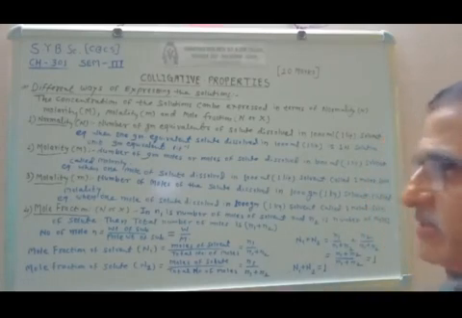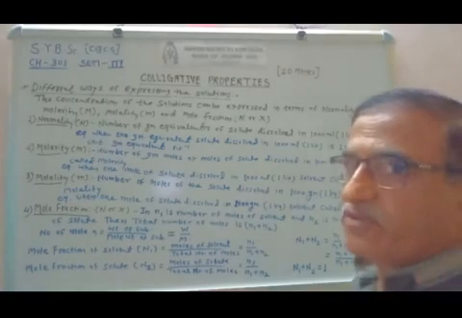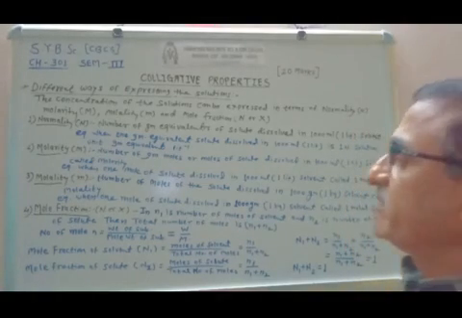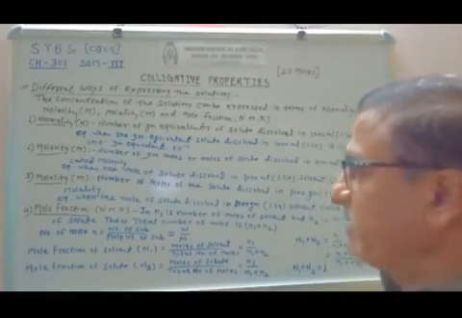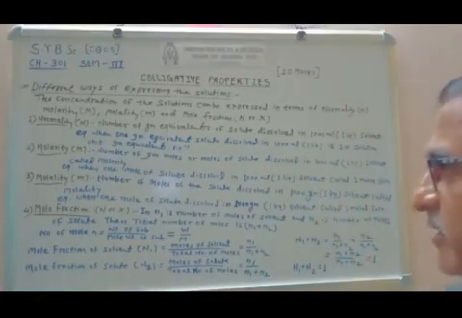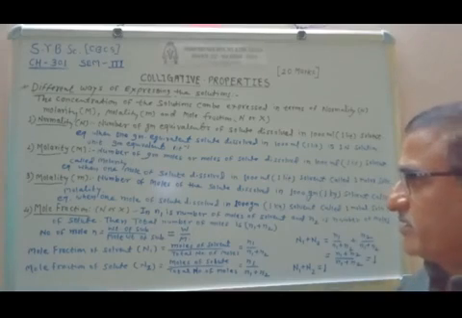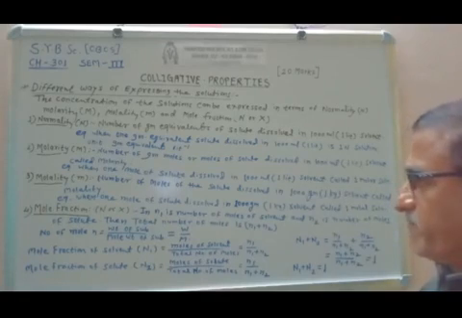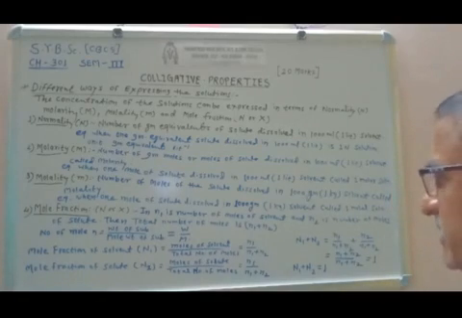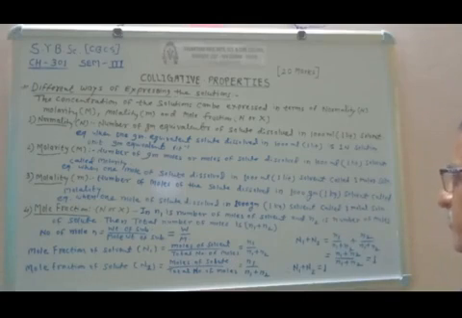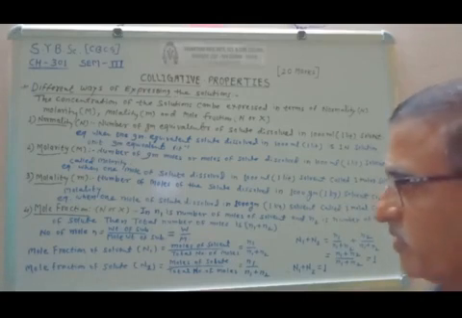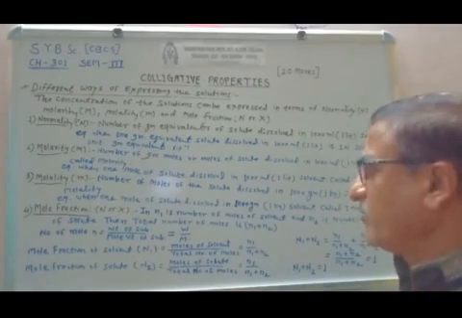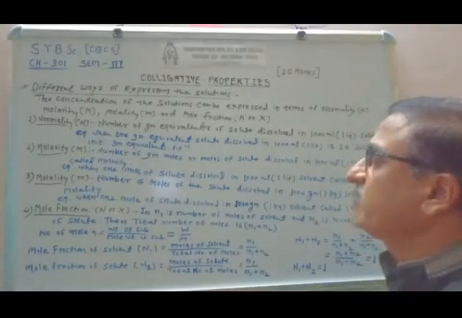And the next term is mole fraction. The mole fraction is denoted by capital N or X. When N1 is the number of moles of solvent and N2 is the number of moles of solute, then the total number of moles is N1 plus N2.